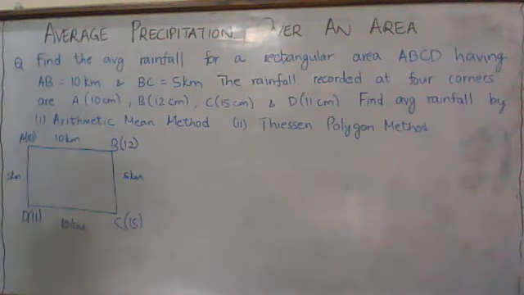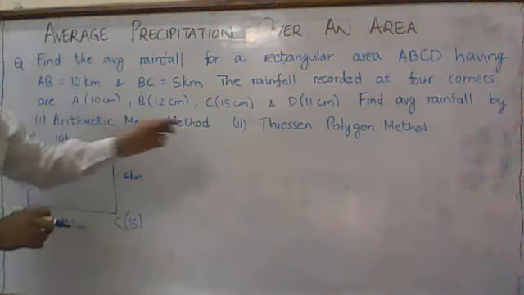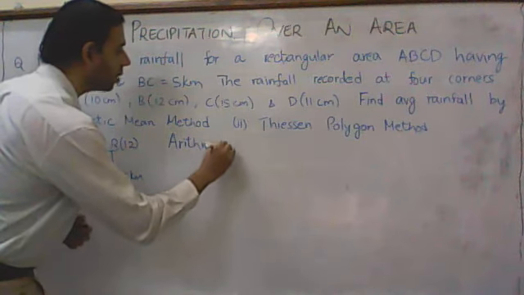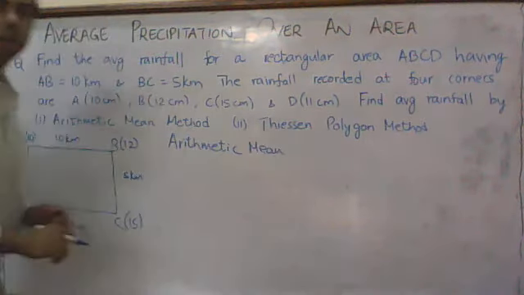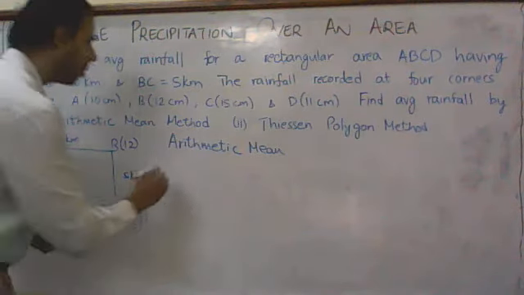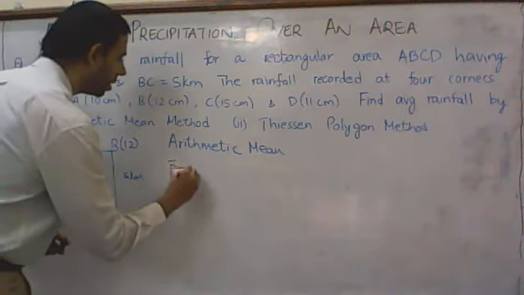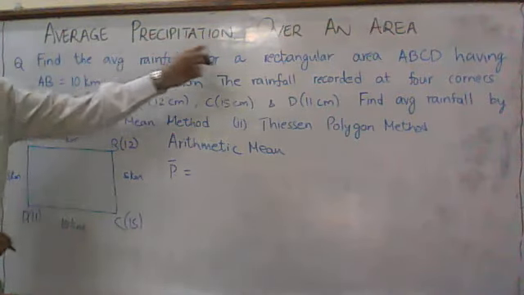So first we have to solve this by using the arithmetic mean method. How to solve it using this method? The basic formula for arithmetic mean method was P bar. What is P bar? It is the average precipitation.